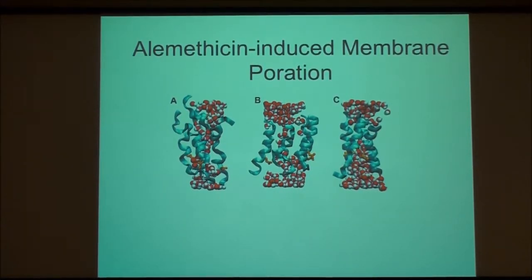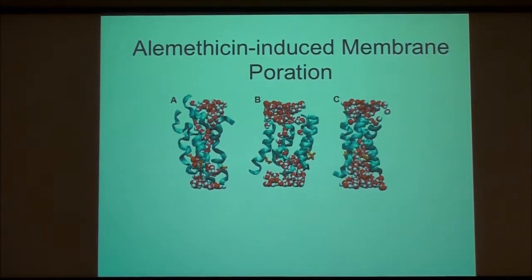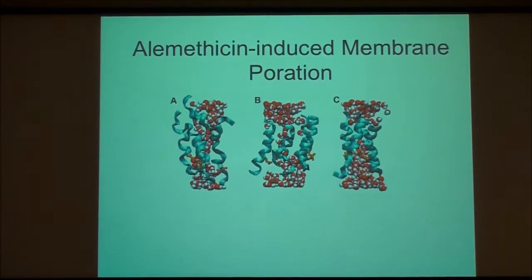So again, details here do not matter, but this is one example of the kind of phenomena that you might be interested in. How is this membrane defective as far as water permeation is concerned? But you cannot see it at the level of coarse graining, and you need to move back and forth between coarse graining and atomistic simulation in order to capture that.